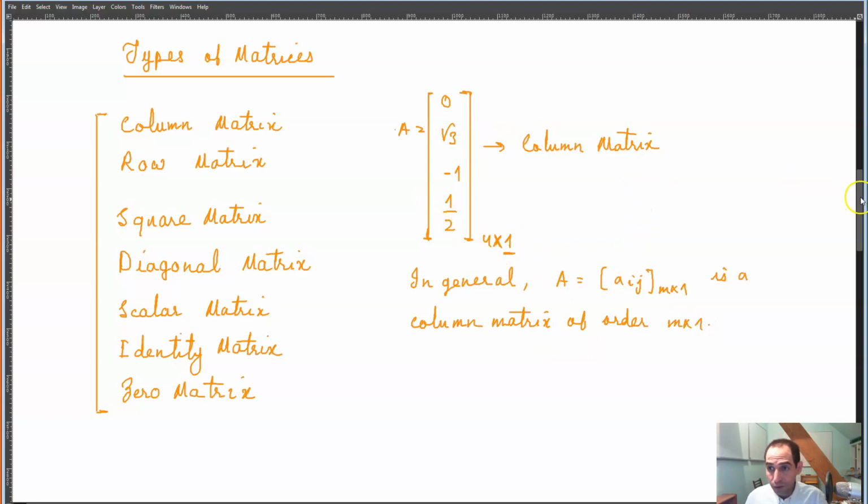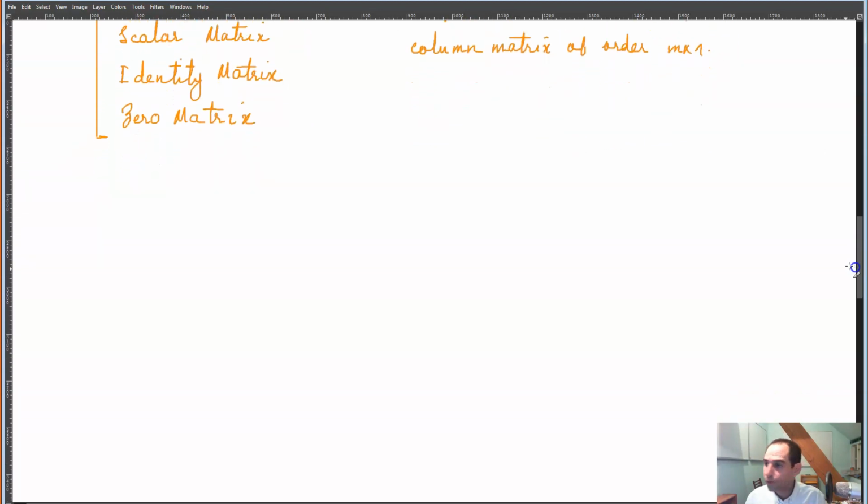Now a row matrix, by the same logic, is a matrix that has only one row. For example, if you have B is equal to negative 1/2, square root of 5, 2 and 3, this is a row matrix. You have only one row and 4 columns, and therefore it's called a row matrix.